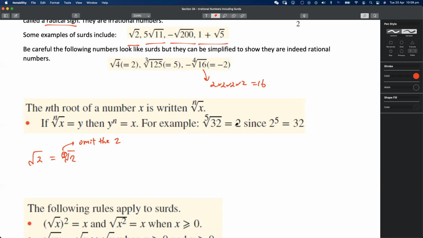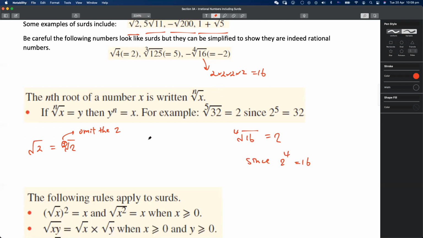For example, the 5th root of 32 is 2, since 2 to the power of 5 is equal to 32. Like the example before, the 4th root of 16 is 2, since 2 to the power of 4 is equal to 16. 2 times 2 times 2 times 2 is 2 to the power of 4.